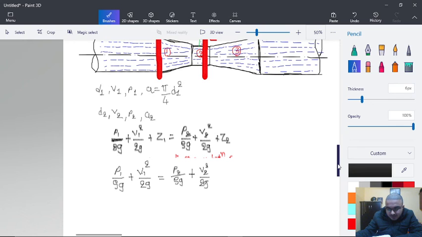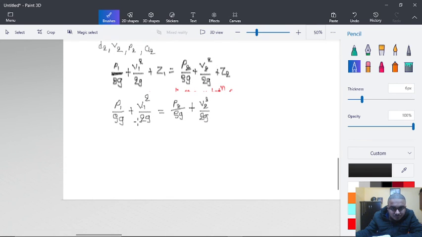So we can further simplify this as P1 minus P2 upon rho g is equal to V2 square minus V1 square upon 2g.